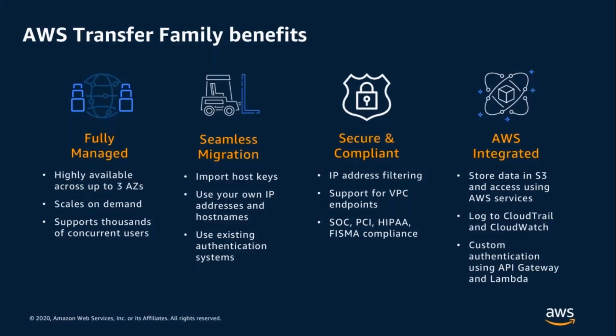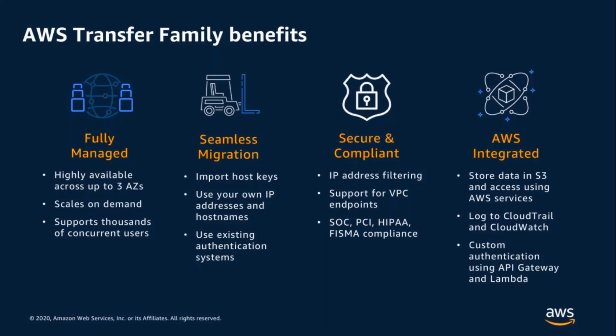And now with the service being a native AWS service for file transfers, it's natively integrated with a few other AWS services. Notably, the data is stored in its native format in Amazon S3. You can use native encryption methods like SSE-S3 server-side encryption or server-side KMS encryption.